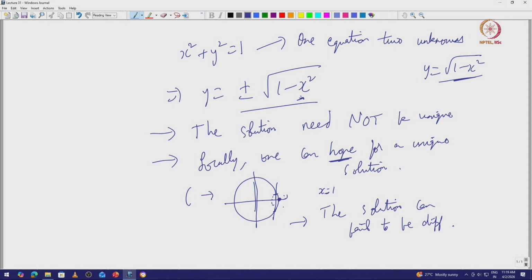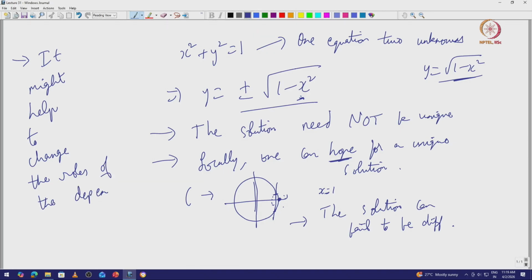The last observation we want to make is that it might help to change the roles of the dependent and independent variables. What does this mean?